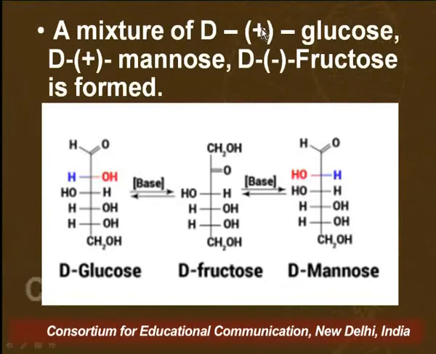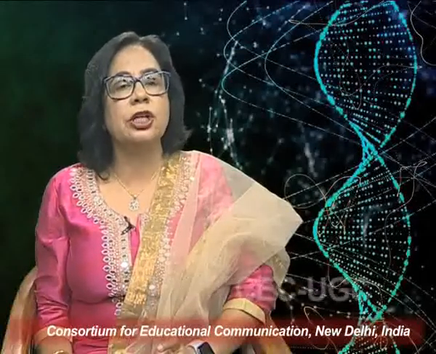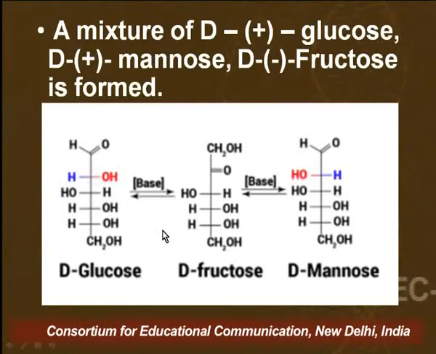What does this D indicate? Glucose is dextrorotatory, fructose is levorotatory, and mannose is again dextrorotatory. But all three molecules have the same configuration, that is, they have OH on the right hand side at the highest numbered asymmetric carbon.